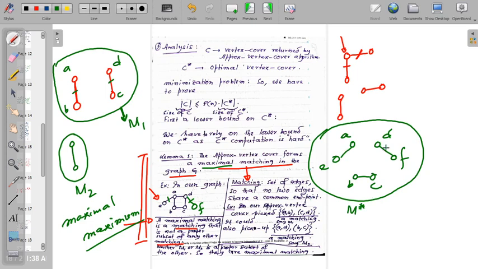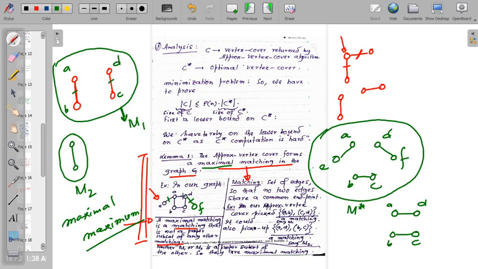We have three edges which are matching. But look at this. If I take AD and BC, AD and BC.